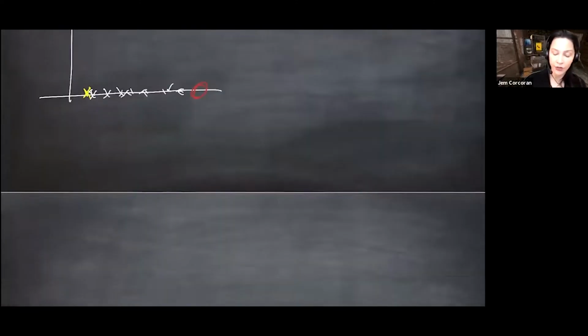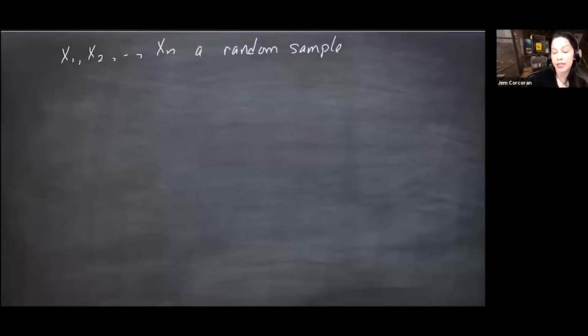And just before I do that, I want to give you notation. So if we have X1, X2, out through Xn, a random sample, remember, I've already defined the words random sample. It means that they're IID, so they're independent and identically distributed. Then there are two common notations for the minimum in the sample.